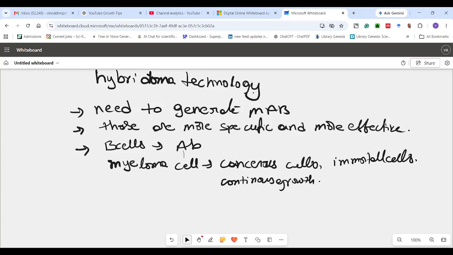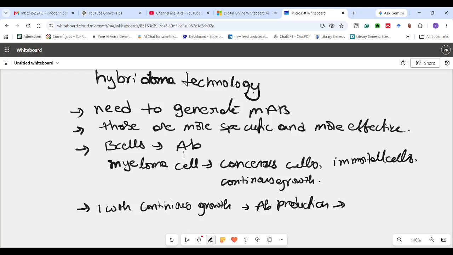So by using these two characteristics, one with continuous growth and the other with antibody production, they make mAbs.